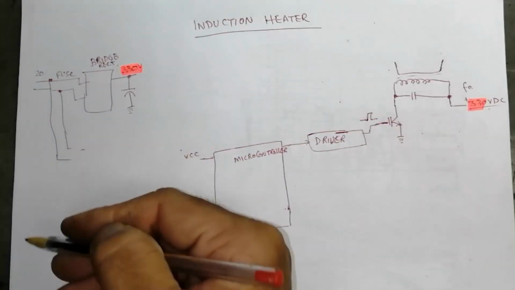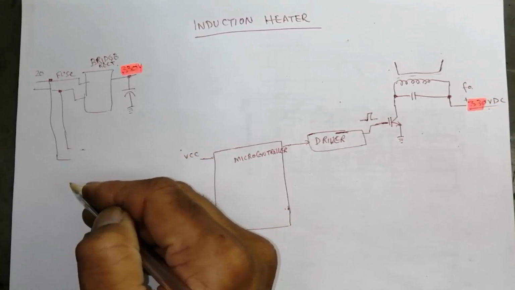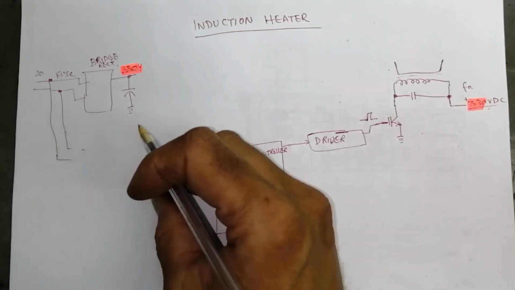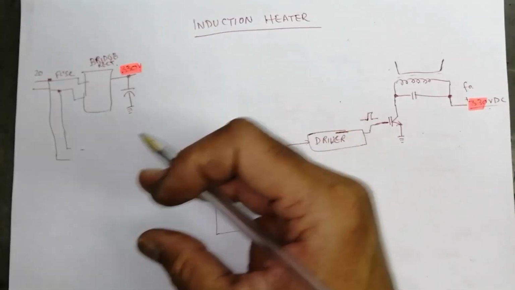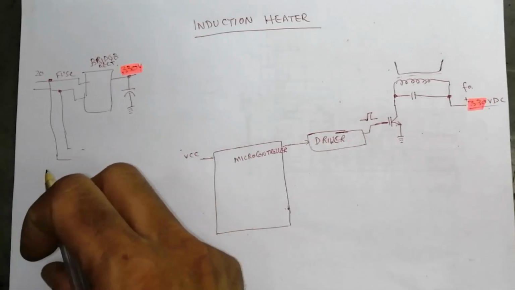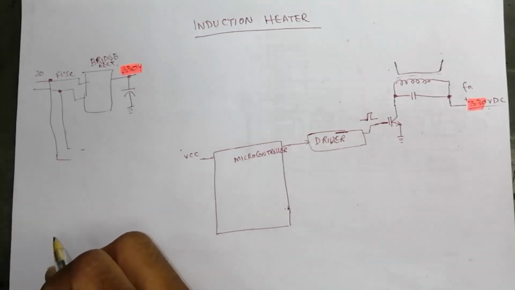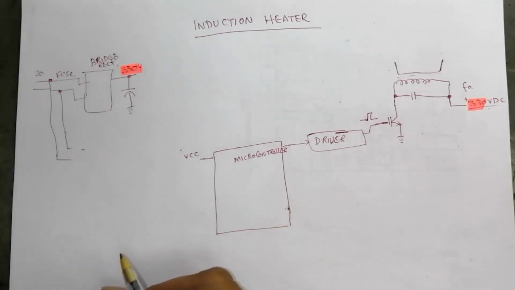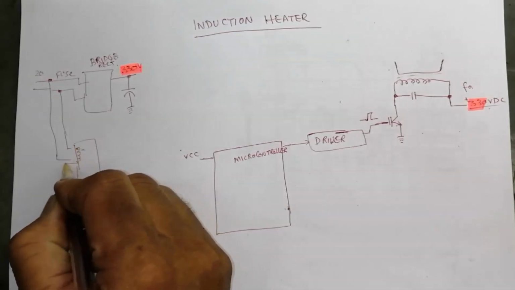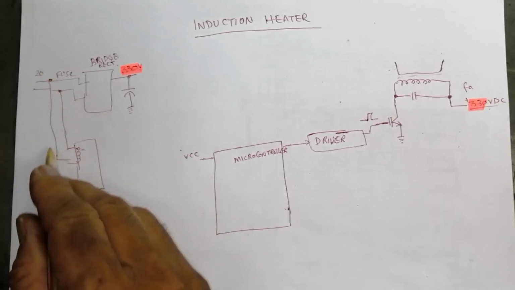If I design, sometimes I can use a transformer, rectifier, voltage regulator. Maybe in the next circuit I will use a pulse width modulator, or an inverter circuit. Maybe he is using a transformer. He is taking 220 volt.